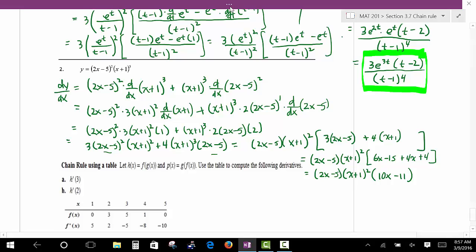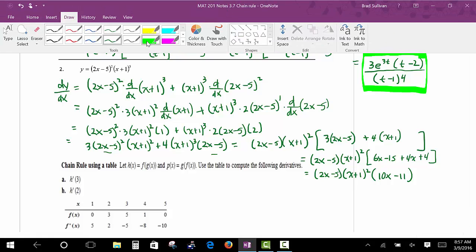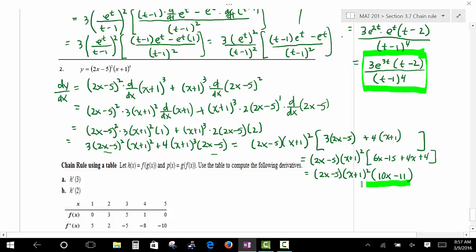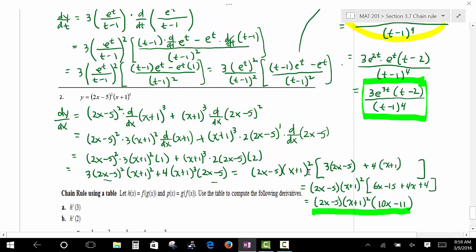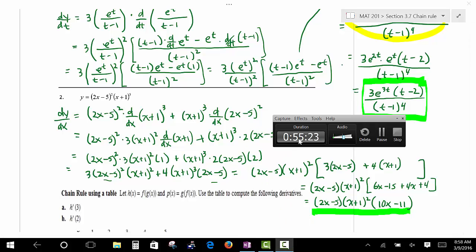I got it. Oh, so it's a quotient rule. Did you do the quotient rule? Yeah. Okay. I got there. So these cancel out, right? These are like terms. Okay. And then, oh wait, actually distributed first.